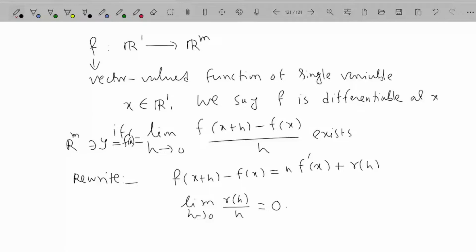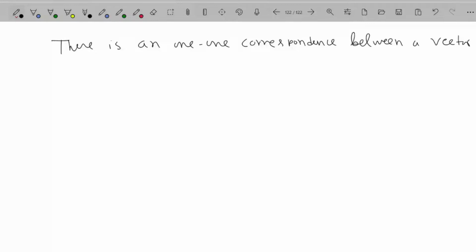Now obviously we can think, because we can associate, there is a one-to-one correspondence between a vector in Rm and a linear mapping from R1 to Rm.